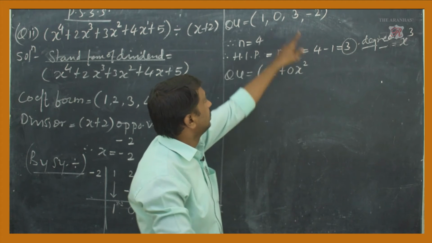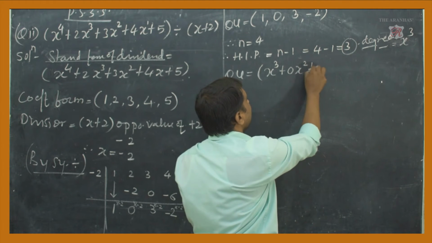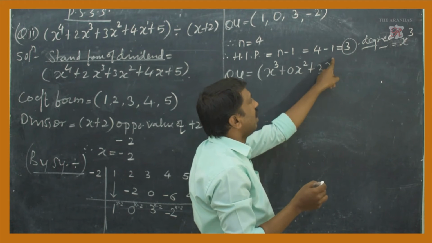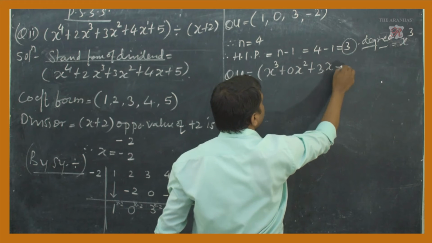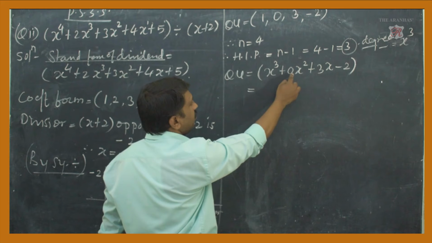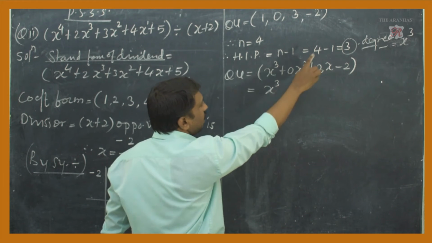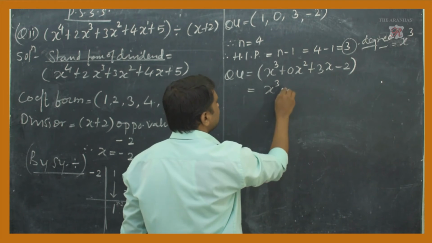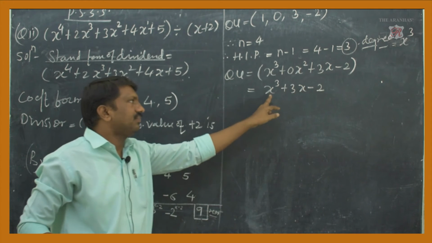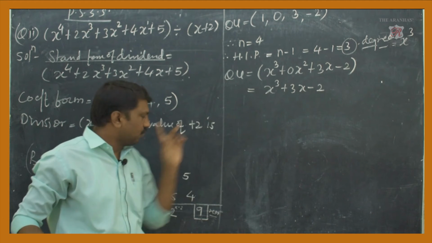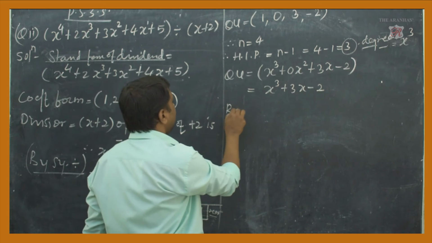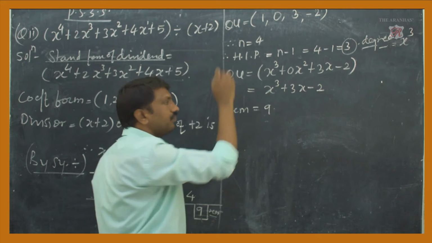Then later 3, it becomes 3x, because the index powers go 3, 2, 1, and the last will be minus 2. We omit 0x square, so we get x cube, and the next term is 3x minus 2. So the quotient will be x cube plus 3x minus 2, and what is the remainder? That is 9. So here we will write, therefore remainder is equal to 9.